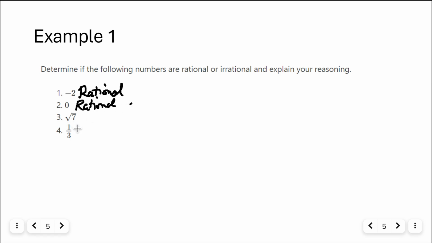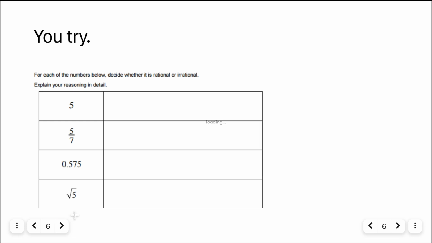Now, square root of 7, I don't know what the square root of 7 is, so this is irrational. And then 1/3 is a fraction. Fractions are ratios, so they are rational. Okay, so there's your answer for those 4. And then you should also have a reason for each. Okay, same idea. Your turn.